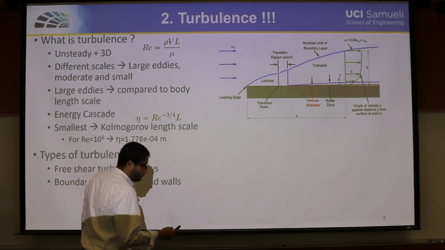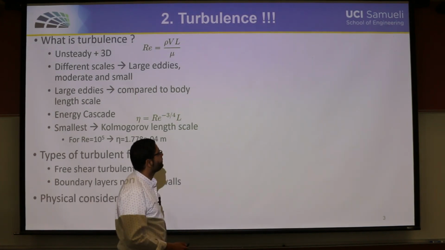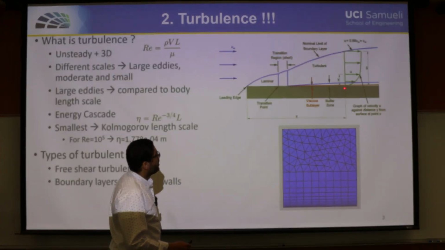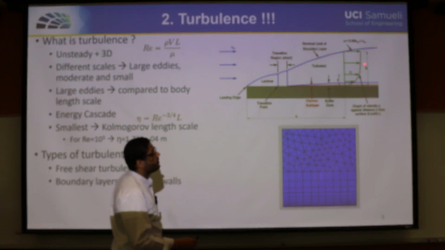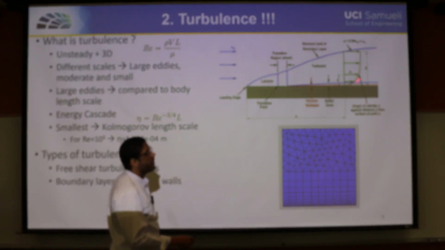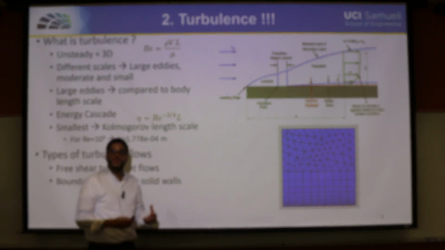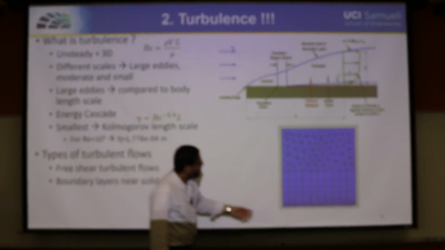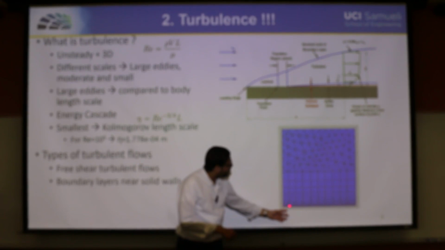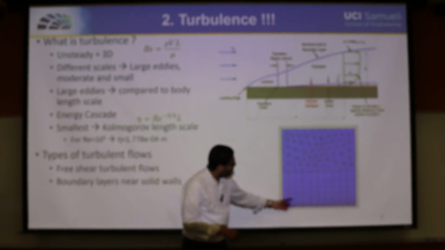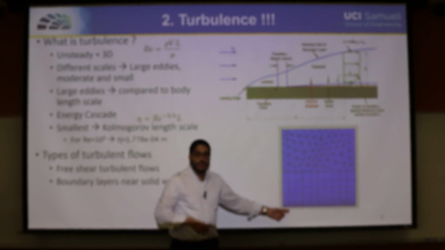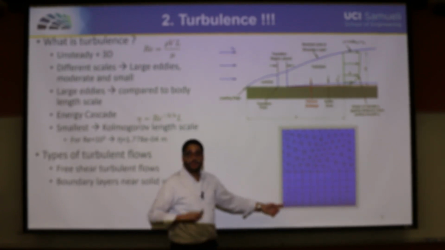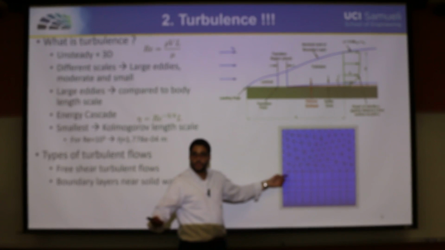And another thing that we would like to consider is that because of that steep gradient, if you are trying to have a grid or a mesh to solve this problem, you most of the time will need something called boundary layer treatment or boundary layer mesh, sometimes called inflation in meshers or CFD codes.